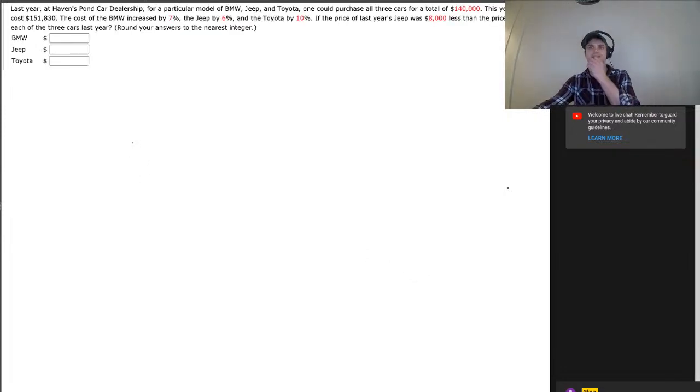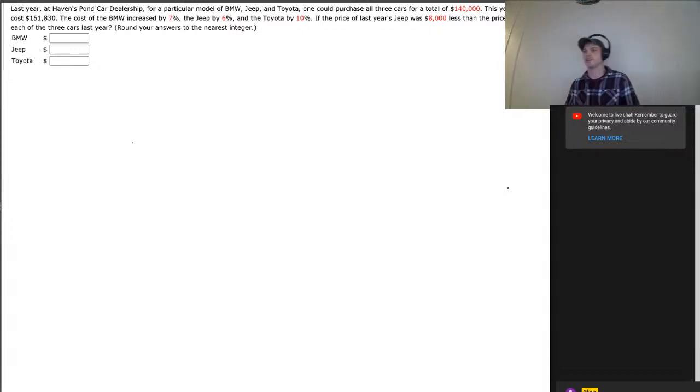Okay, here we go. Last year at Havens Pond car dealership for a particular model of BMW, Jeep, and Toyota, one could purchase all 3 cars for a total of $140,000. This year, due to inflation, the cost of the BMW increased by 7%.